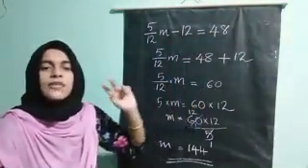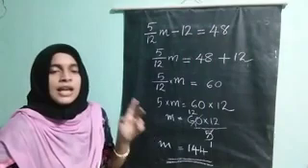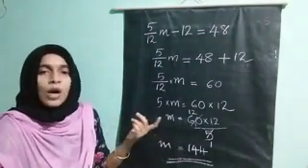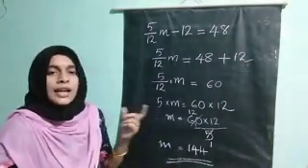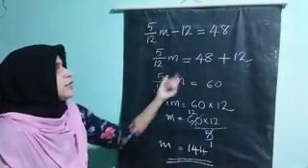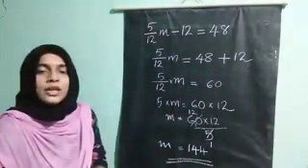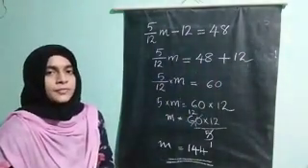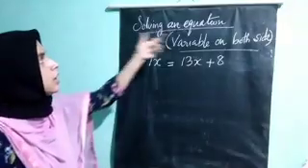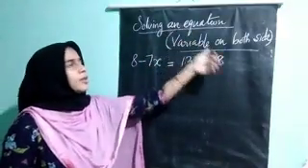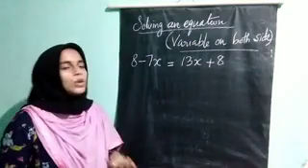You cannot see the variable on both sides. Now we will study how to solve an equation if the variables are coming on both sides. So write a heading, solving an equation with variable on both sides.